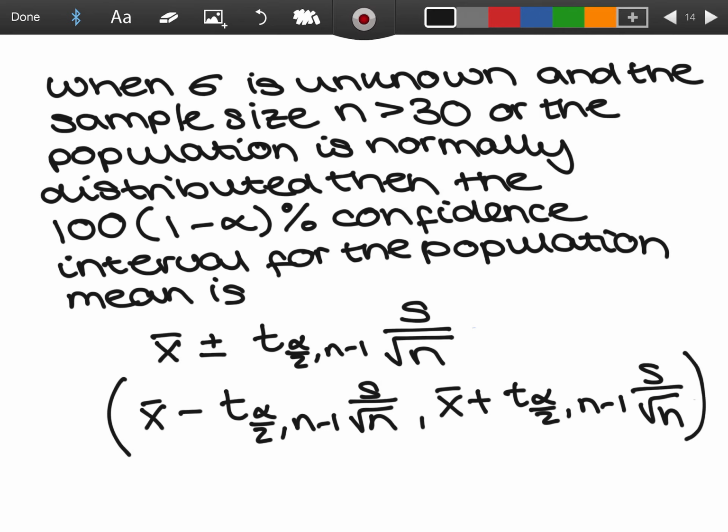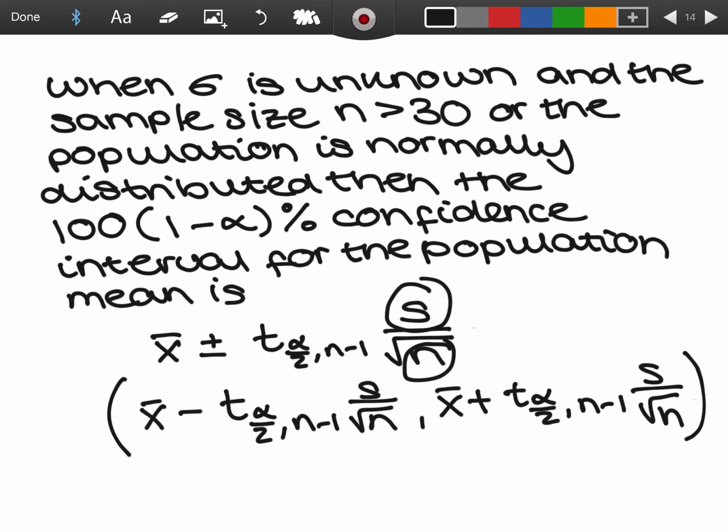S is your sample standard deviation. We don't have a population standard deviation, but we will be given a sample set of data, data from a sample, and we can figure out its standard deviation. So we've got a sample standard deviation here. N is again the number of things in that sample. So we're still doing a standard deviation divided by the square root of n.